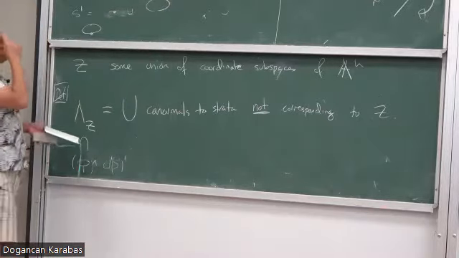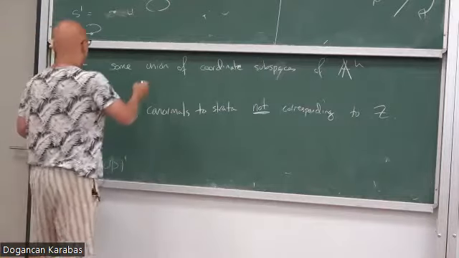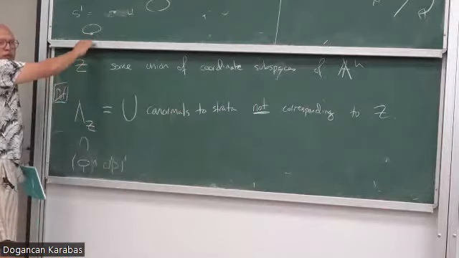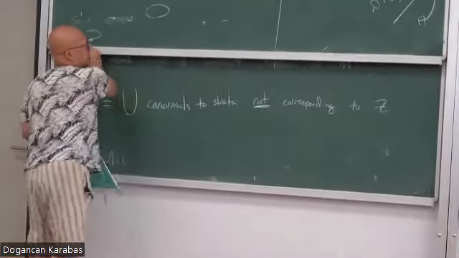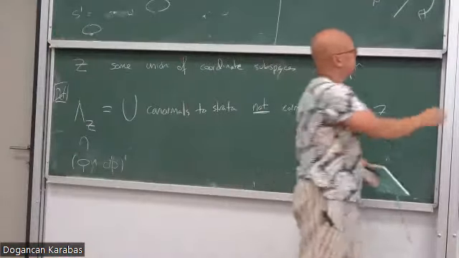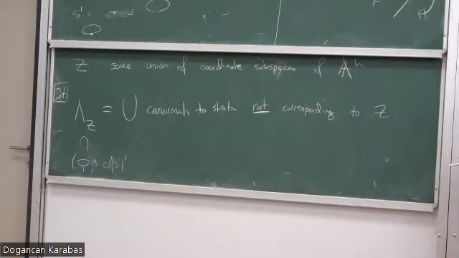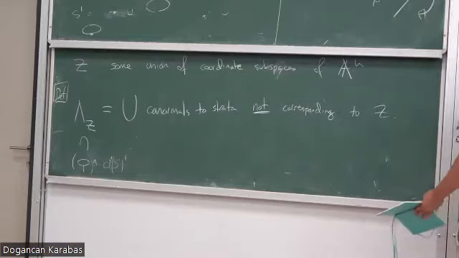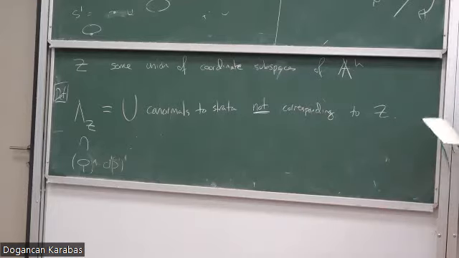So for example, if Z is just 0, then let's do an example explicitly. Example, if n equals 2, in other words, we have that picture.